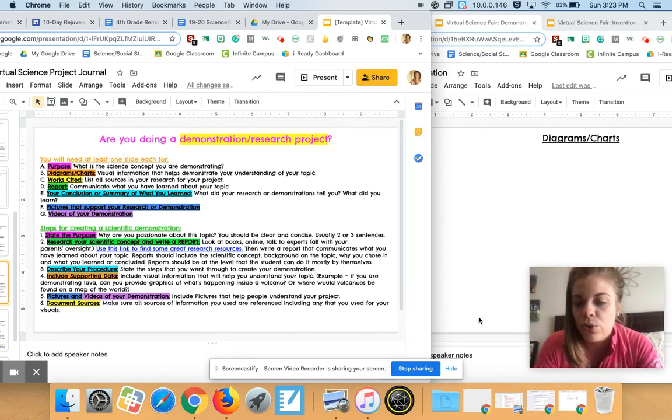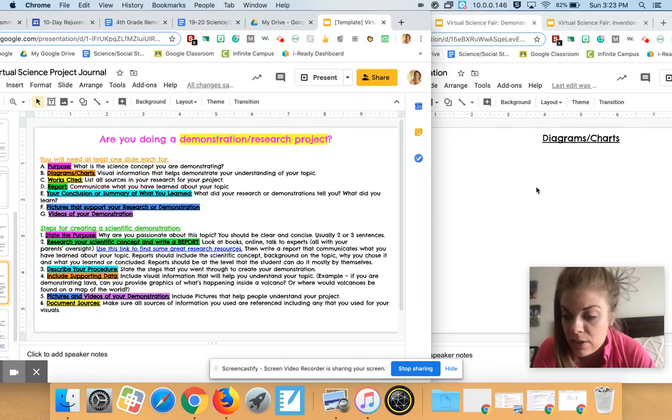So maybe you could do a picture of the Ring of Fire and you could talk about how volcanoes develop in that Ring of Fire area because those tectonic plates are constantly moving. So any pictures here that can support your research, and you can do more than one picture if you would like. You can also add another slide if you like. If you have a ton of pictures that really help support your information, you can always add an extra slide if they don't fit on to this one slide.